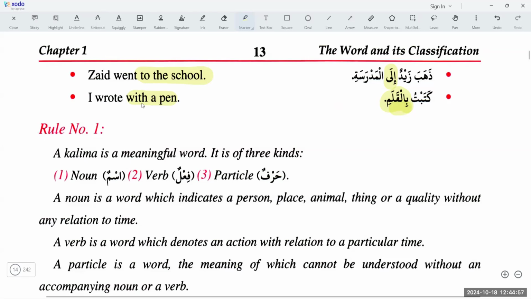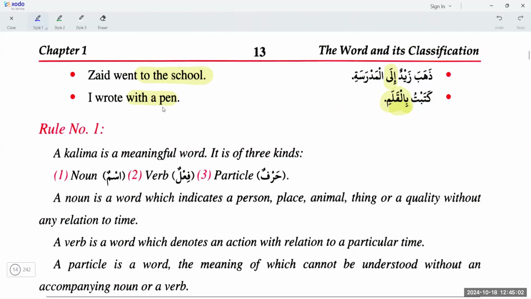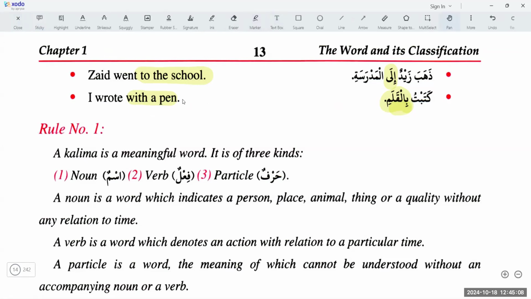This is not with a pen, this is with the pen. This is a definite article because ba is used with the alif lam, so it is with the pen.